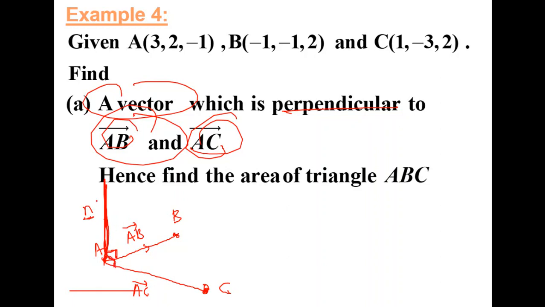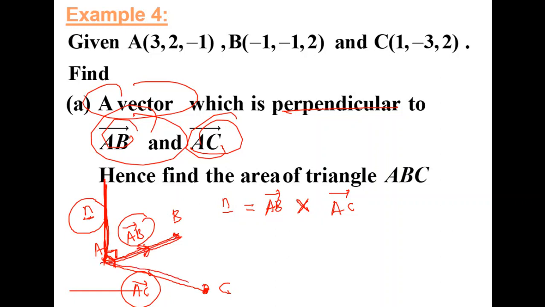To find this vector, you need to do the cross product between these two vectors, vector AB and vector AC. AB points out, and this is also pointing out.